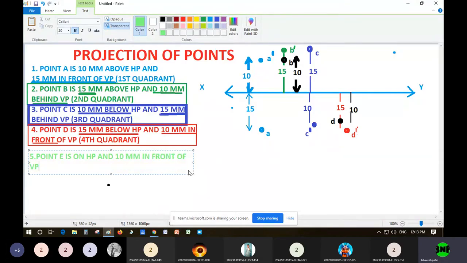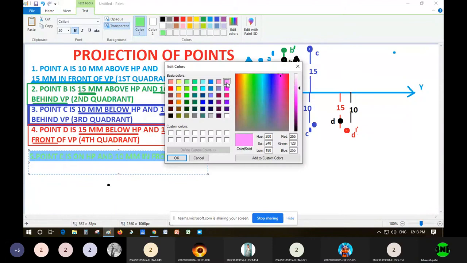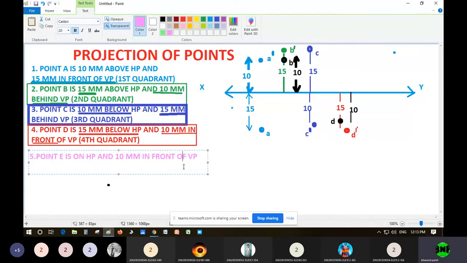So this is the condition. Okay, so point E is on HP and 10 mm in front of VP.